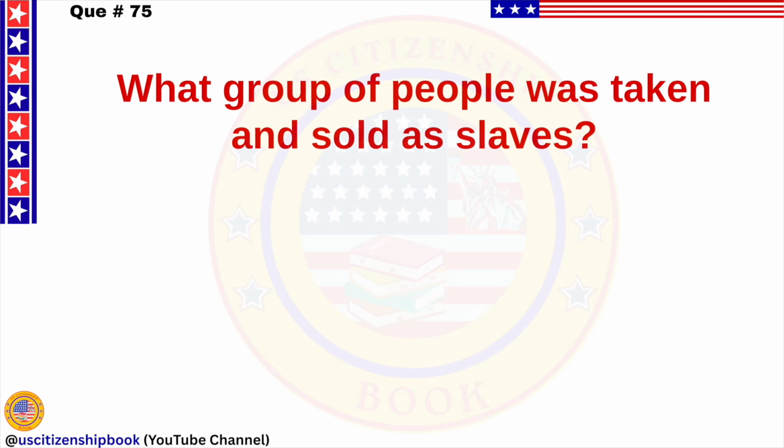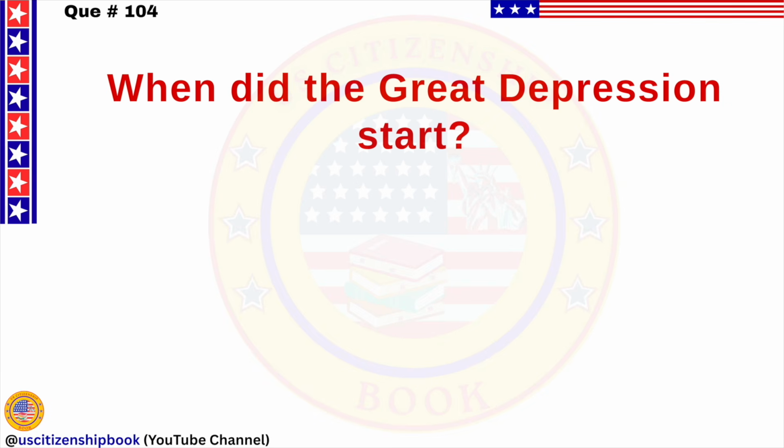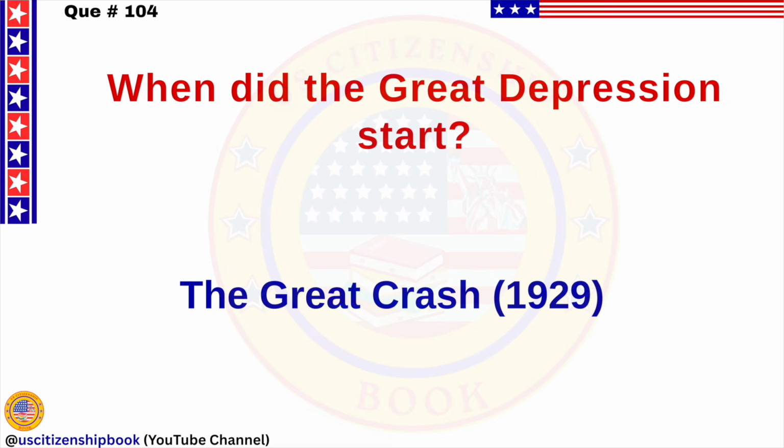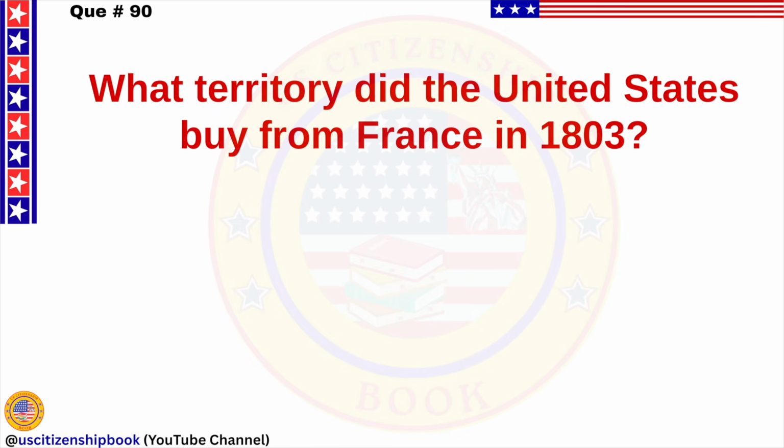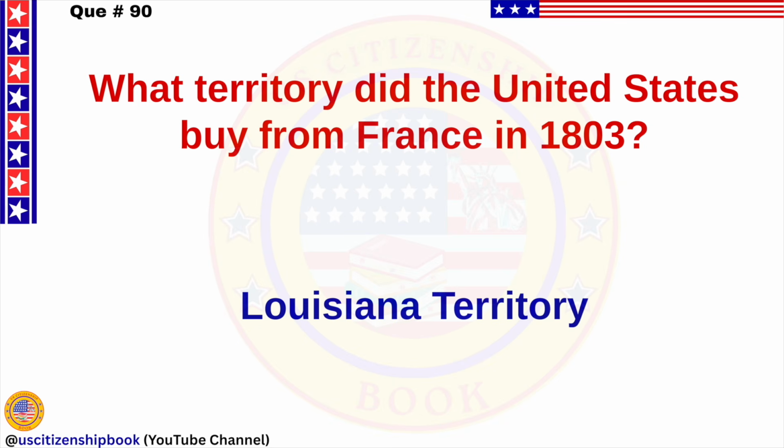What group of people was taken and sold as slaves? Africans. When did the Great Depression start? The Great Crash, 1929. What territory did the United States buy from France in 1803? Louisiana Territory.